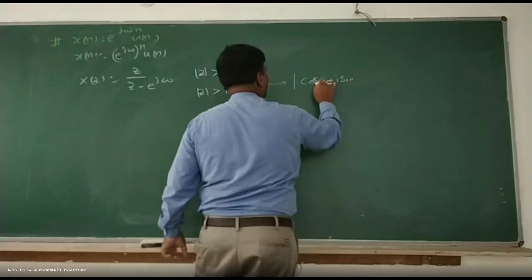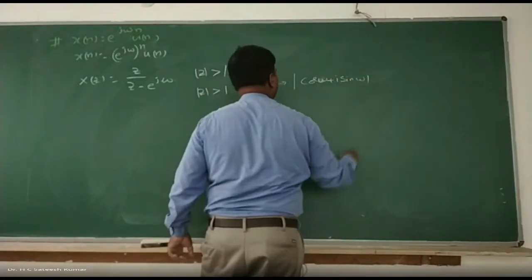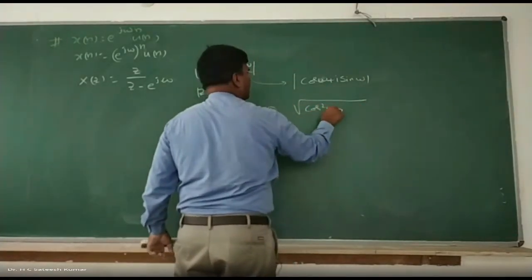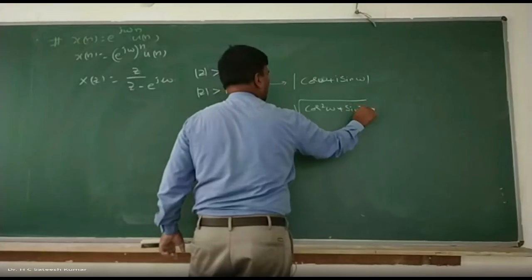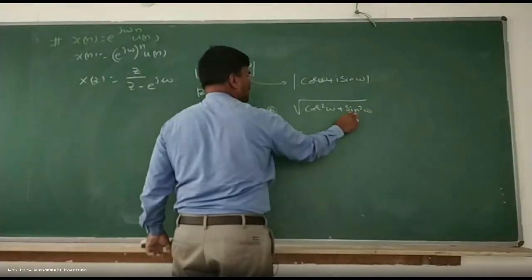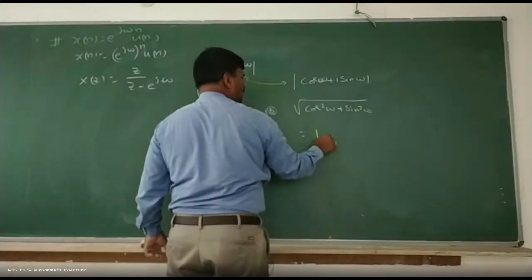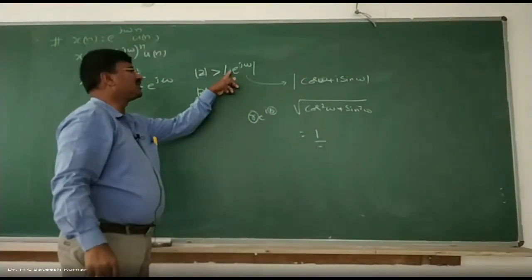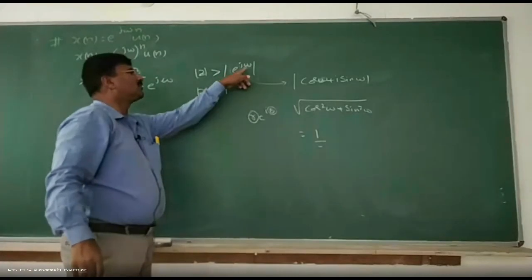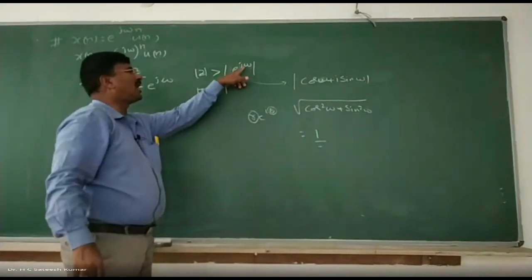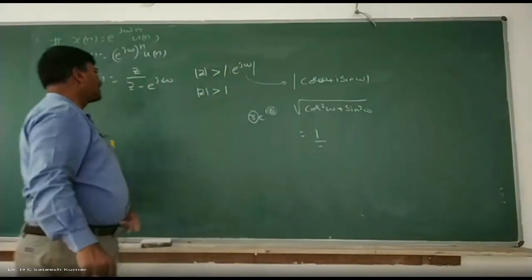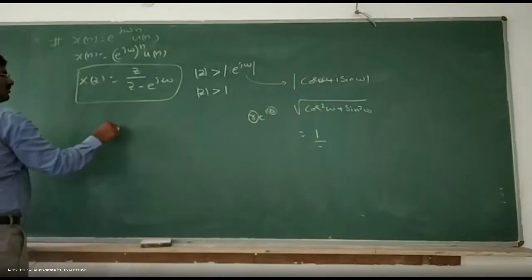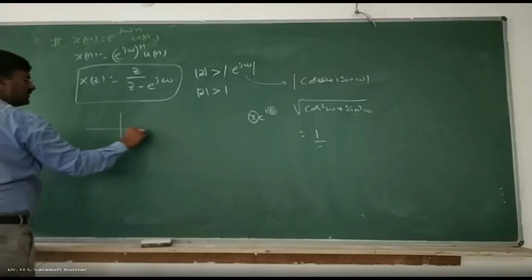So cos omega plus i sin omega, and magnitude of it is square root of cos squared omega plus sin squared omega, which is 1. That is also fine. Or directly, if you identify the polar form r into e to the power of i theta, magnitude is 1, angle is omega. Therefore, mod z greater than 1. So it is outside.